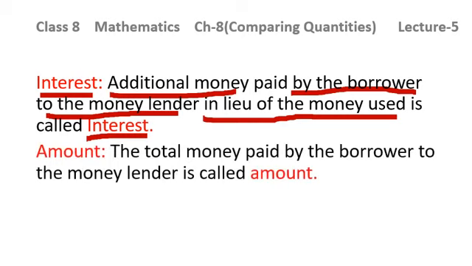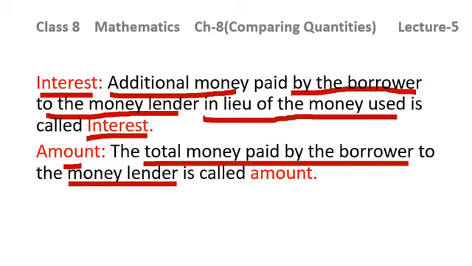Amount. What does this amount mean? The total money paid by the borrower to the money lender is called amount. We have talked about three terms here. Principal is the money which is borrowed, lent or invested.